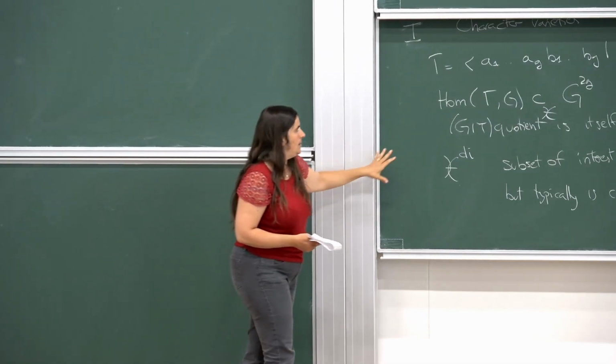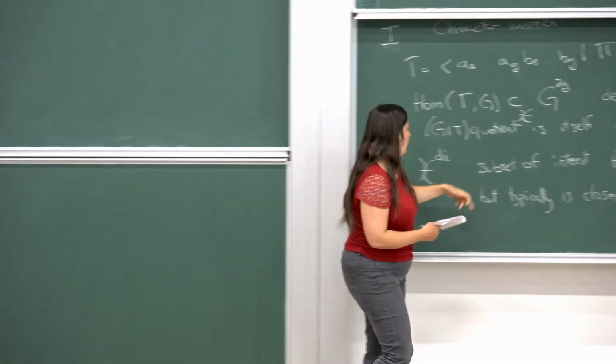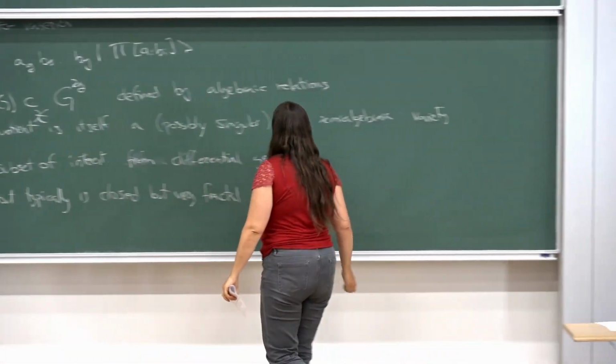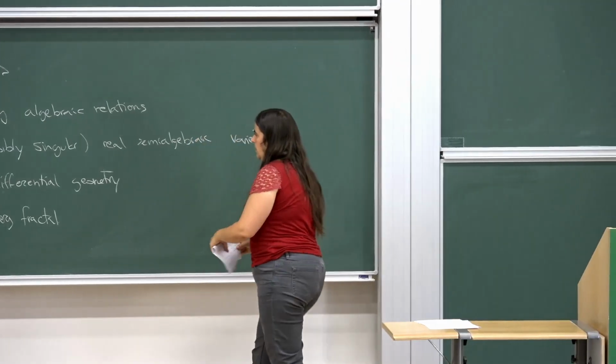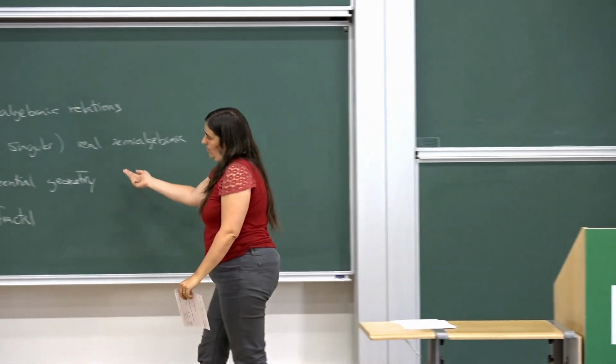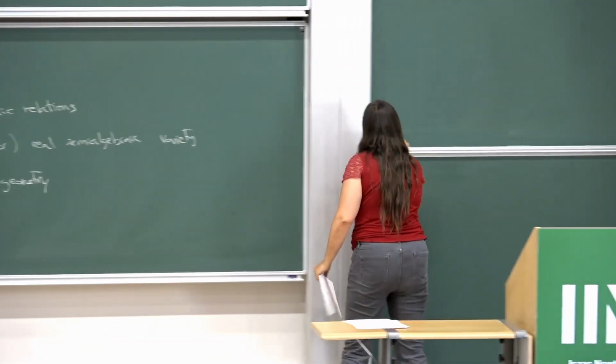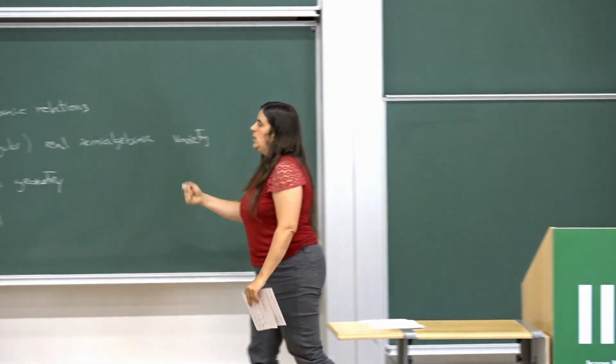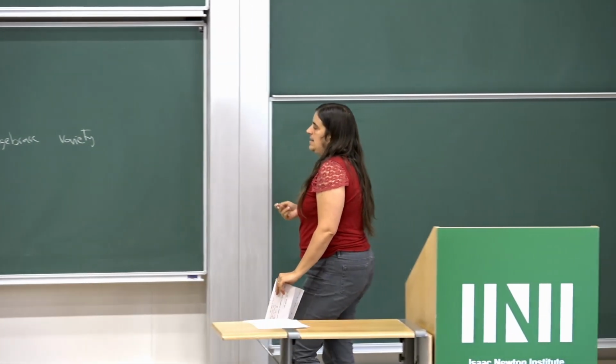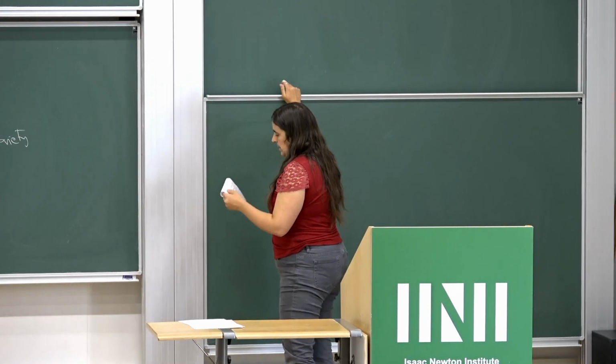So let me say a few words on why I think that this is a subject of interest from differential geometry, or metric geometry. The way in which I think of an injective representation with discrete image is as nice actions on symmetric spaces.